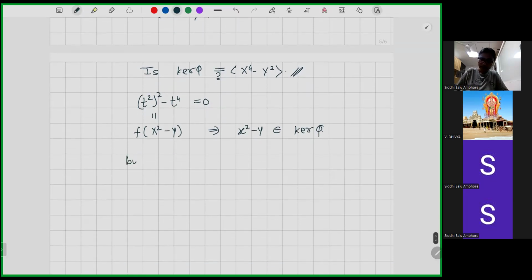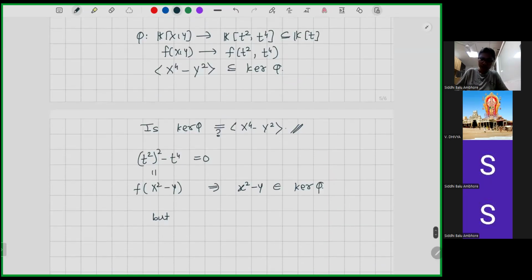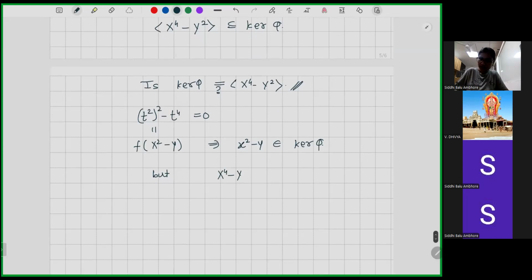But clearly x^4 minus y^2 doesn't divide this element x^2 minus y. This is clear, right? This element doesn't belong here.